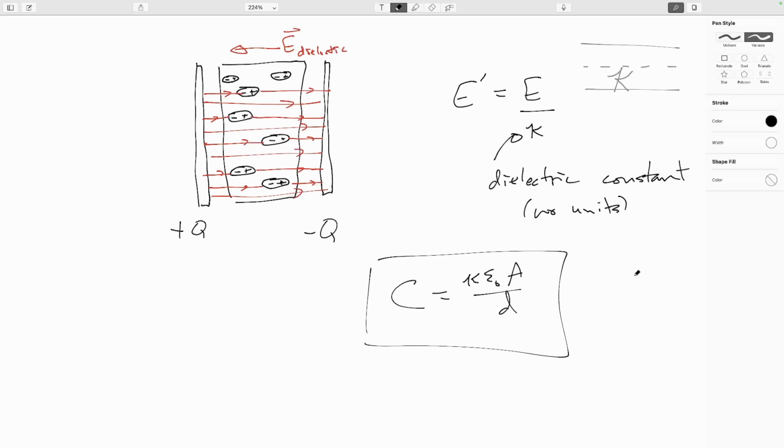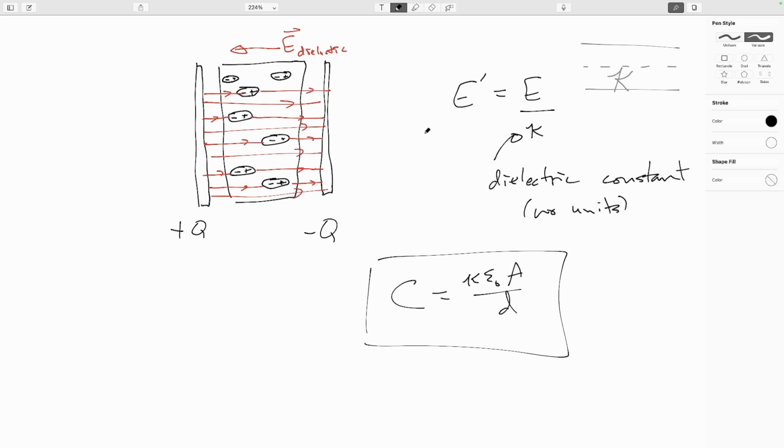But in practice, when people are designing capacitors, they intentionally insert dielectrics because this winds up allowing you to store more charge. The whole point is if I do hook a battery up to this, it is going to move charges until the voltage across the plates is the same. If the dielectric has the effect of weakening the electric field, you're going to have to move even more charge in order to get the electric field strength up to what you had before in order to match the battery voltage.